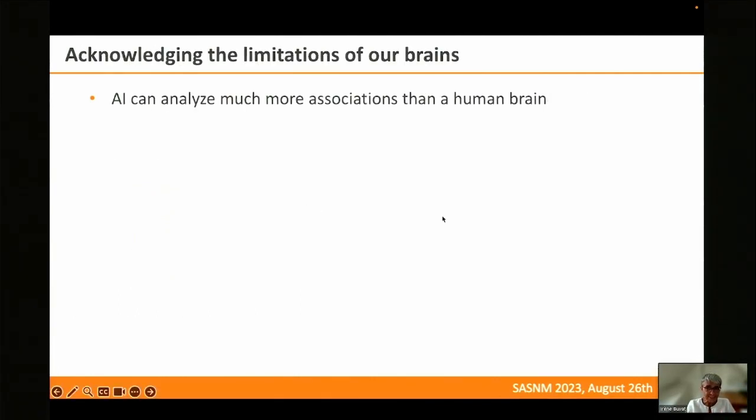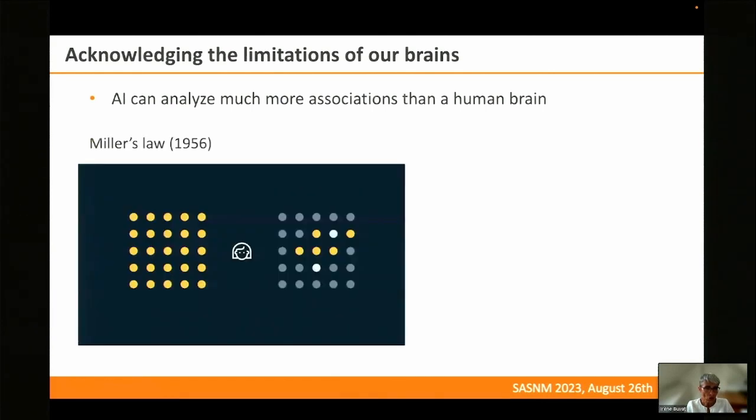And we should not hesitate to rely on AI to make discoveries, because it has been shown that our brain is actually limited in its ability to process information. For instance, Miller's law states that the number of objects or pieces of information that an average person can hold in working memory is about 7.